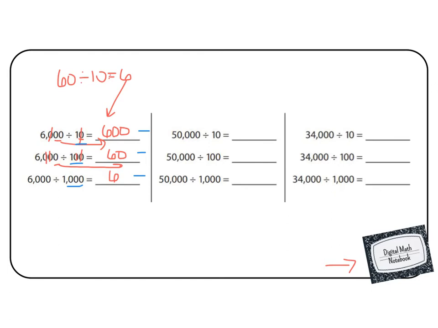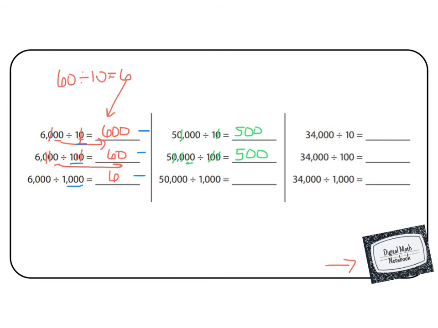I have 50,000 divided by 10. So I have 1 zero and 1 zero. So that means I have 3 zeros left over. So that's going to be 5,000. Now this time I'm going to take 100 away, which has 2 zeros, which means I'm left over with 2 zeros not used. So I have 500 again.